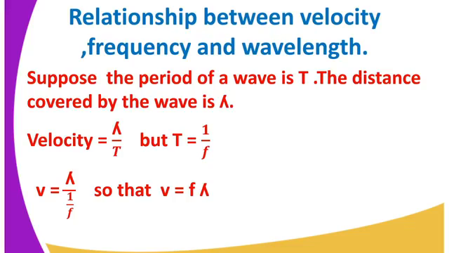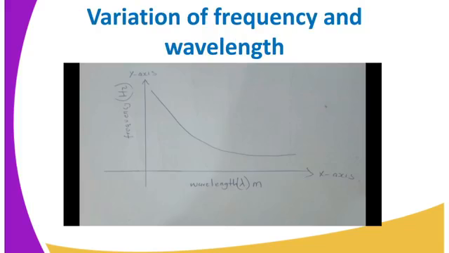Apart from that, you can also be asked to explain the variation of frequency and wavelength. The variation of frequency and wavelength is simply the relationship between wavelength and frequency. What is the relationship between the frequency and the wavelength?